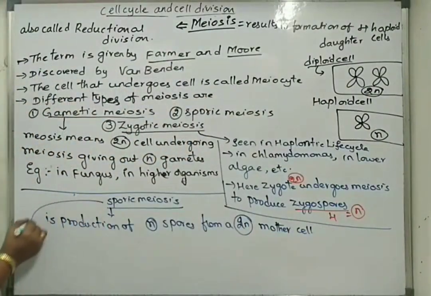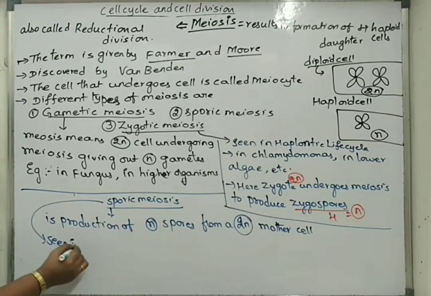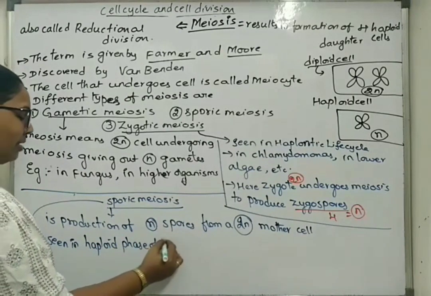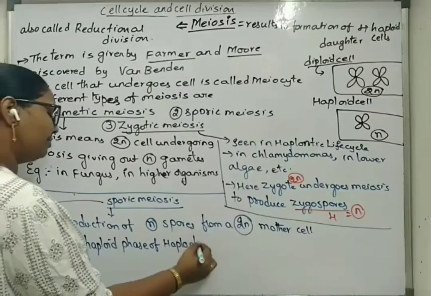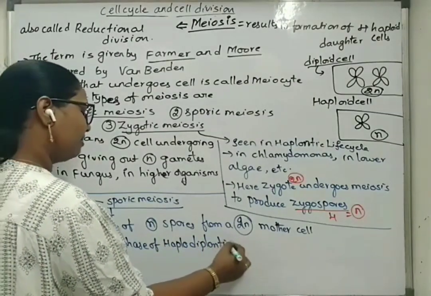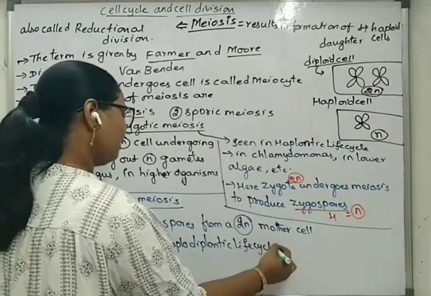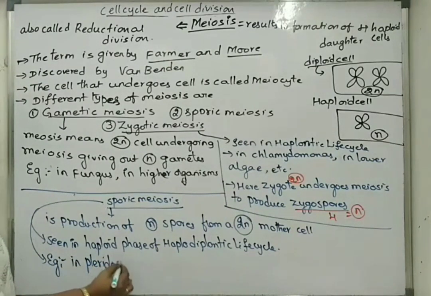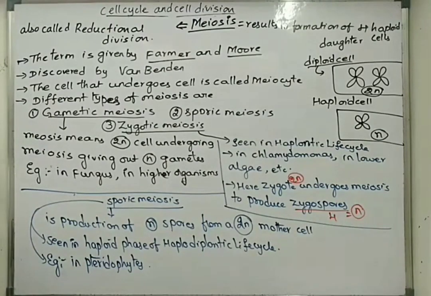Sporic type of meiosis is seen in the haploid phase of haplodiplontic life cycle. Examples in which this type of sporic meiosis occurs: example in pteridophytes. So these are types of meiosis.